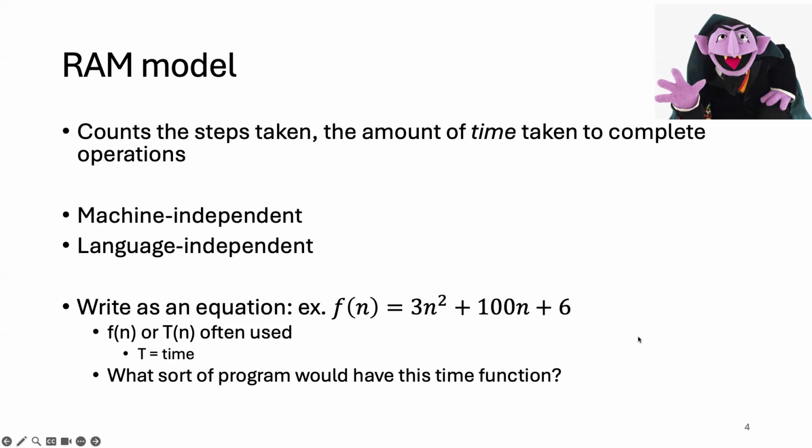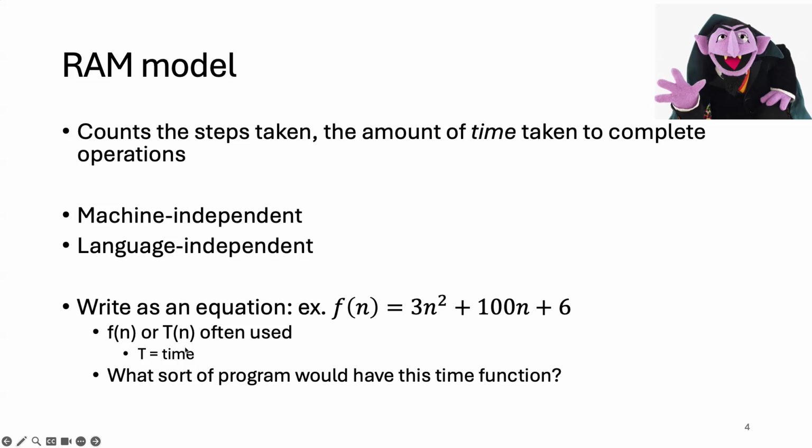So we'll write this amount of steps as a function. We'll write it as a function in terms of n. N is the size of our input. And so we can write this function, something like you've seen in algebra or something, where we can have something like f of n equals 3n squared plus 100n plus 6.